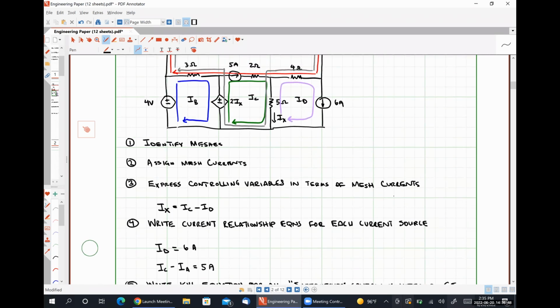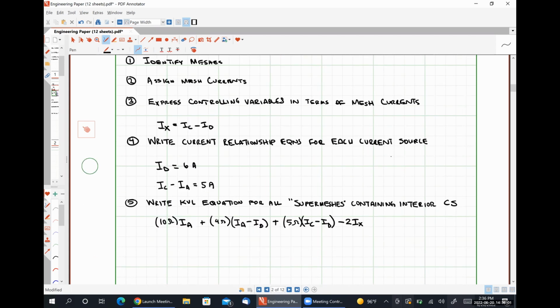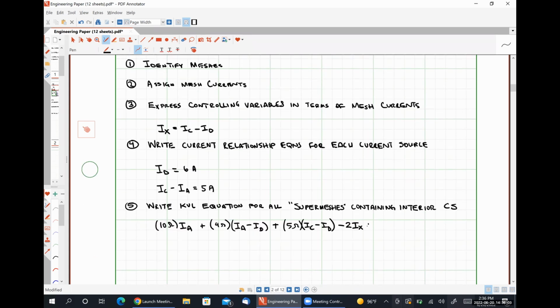Then we see our 3 ohm resistor, and we are again following mesh current A around its clockwise path, so we have 3 ohms times IA minus IB. Set this equal to 0. We don't have any other super meshes to write KVL equations for because we don't have any other interior current sources.